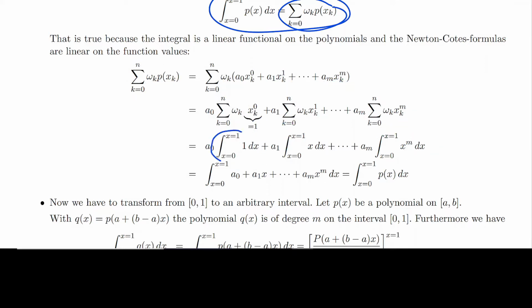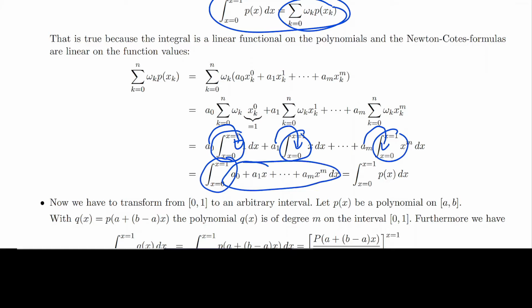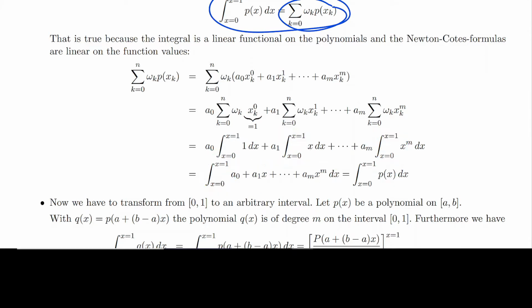And then instead of a lot of integration intervals, we can use only one, and we multiply the a0 into the integral and the a1 into it and am into it, and so we get that. And this is the polynomial p of x. And so in total we showed that this sum is equal to the integral of p of x, and that's what we wanted to show here. So we are done with the first part.